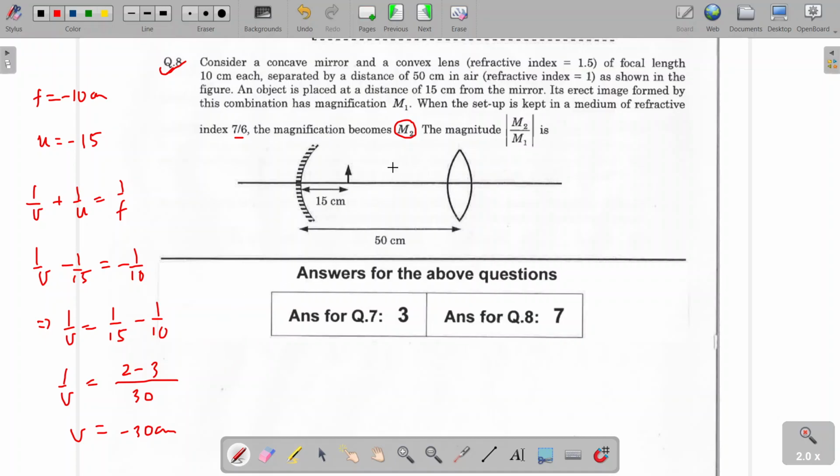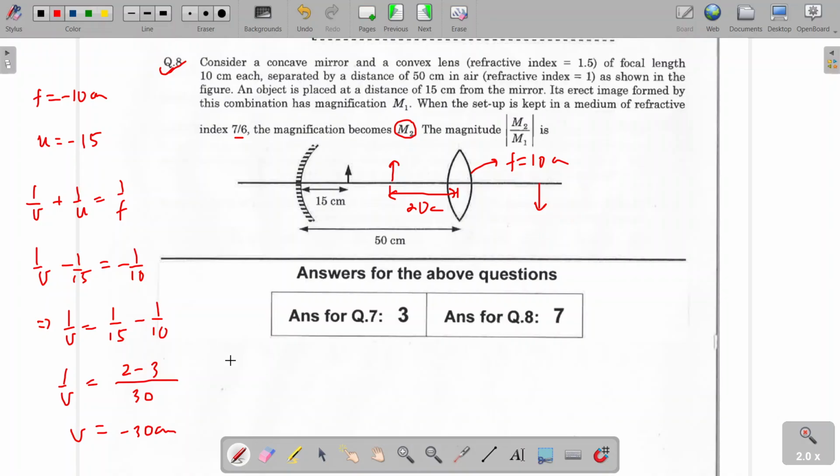This means that the mirror is forming an image at a distance of 20 centimeters from this lens. So the focal length of the lens itself is again 10 centimeters. That means the image is being formed at the center of curvature of the lens. So the image will be formed at the distance of the same 20 centimeters.